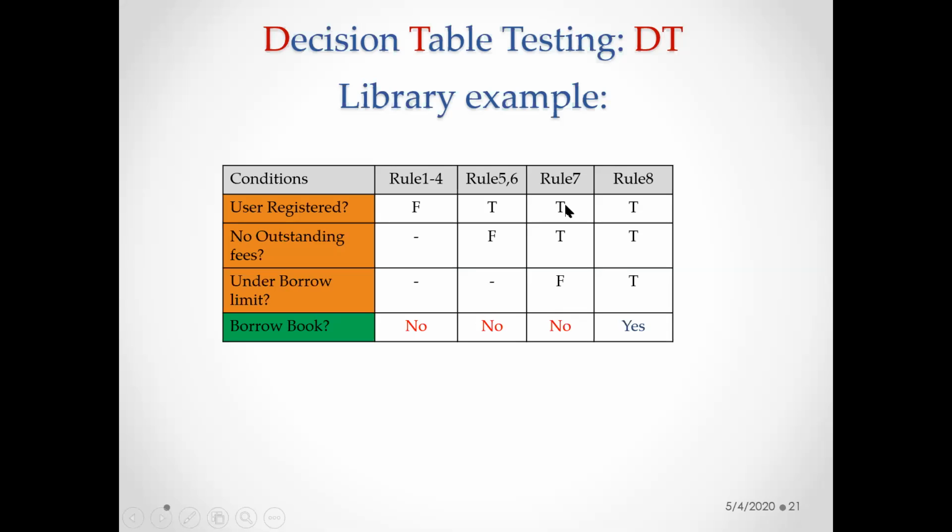If the user has been registered and the outstanding fee is also not there, that is, he has cleared every balance of previous semesters, then I need to check whether the borrow limit is there or not. If the borrow limit has been reached, then he cannot borrow the book. If the borrow limit has not been crossed, it will be within the limit, so he can borrow the book from the library. This is what it is. So based on that.